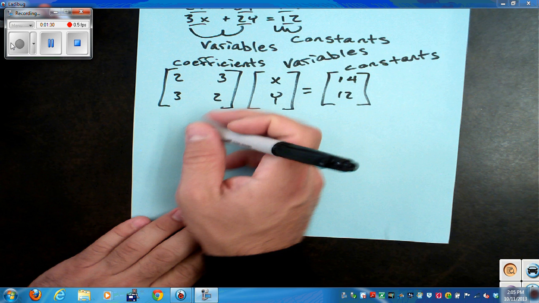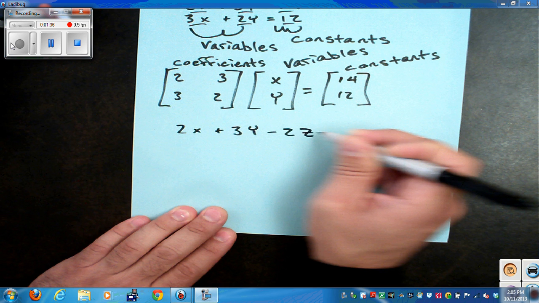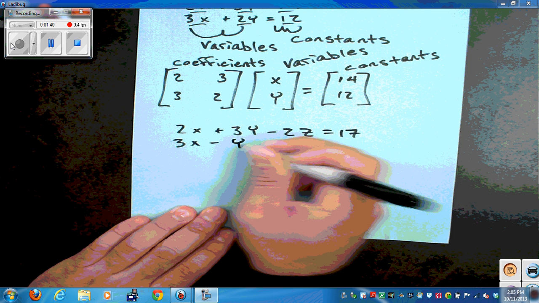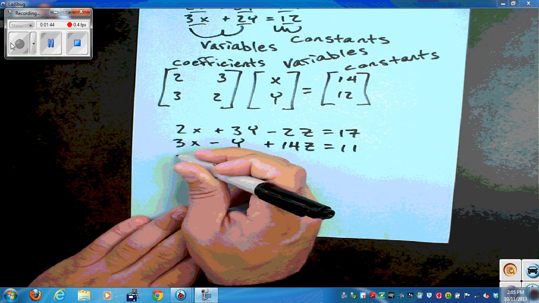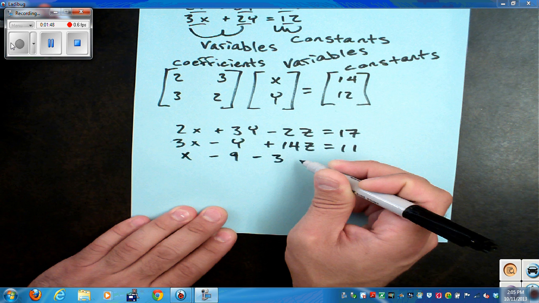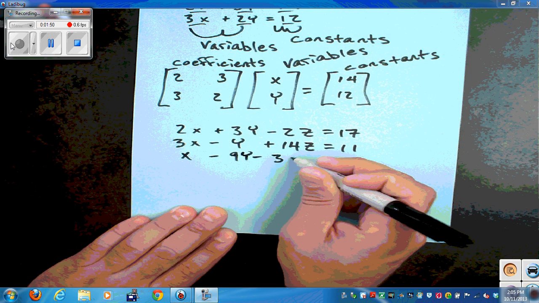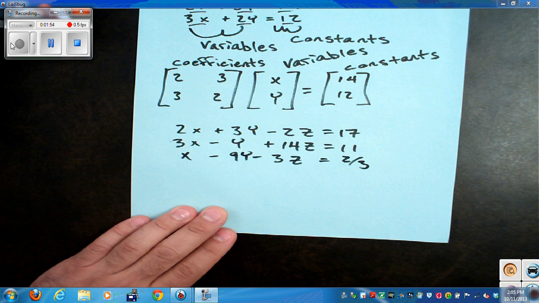The same thing is true if I have three different variables in my equations. And this, of course, is also true if I have fractions. The numbers don't matter. I'm going to set it up the same.